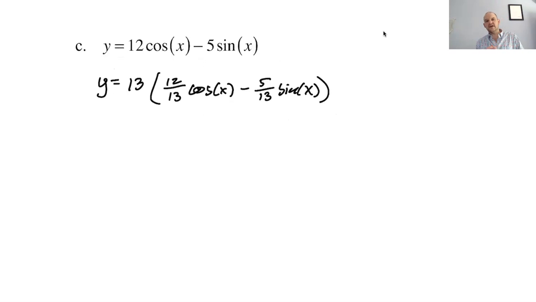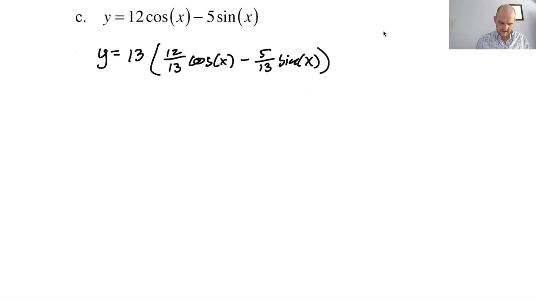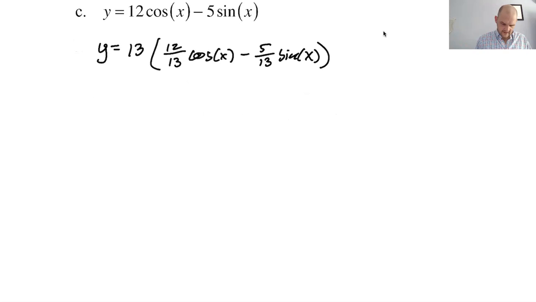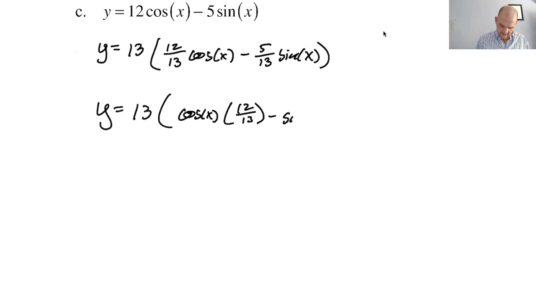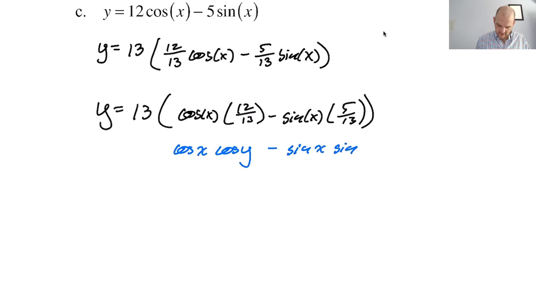Now, how do I want to look at this? There are actually two ways you can look at this. I could rewrite it as cosine x times 12/13 minus sine x times 5/13. So I'm thinking cosine, cosine, sine, sine here. So that's cosine of x plus y.